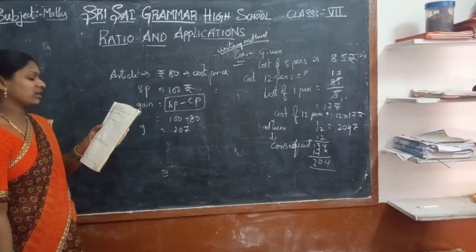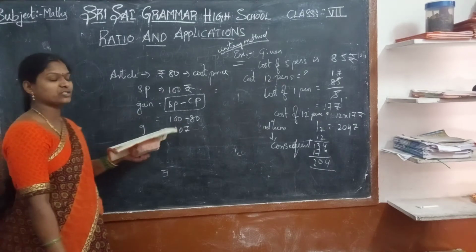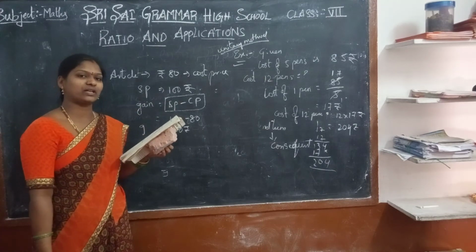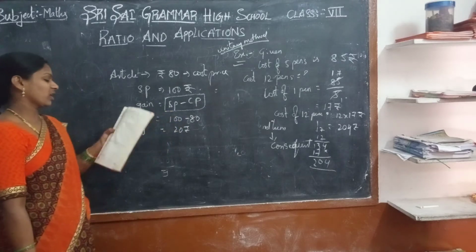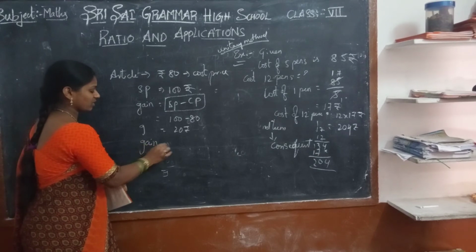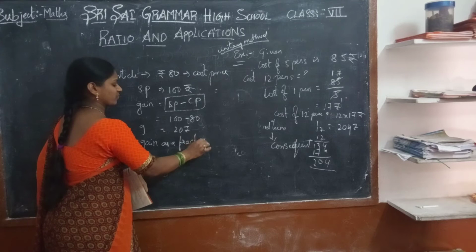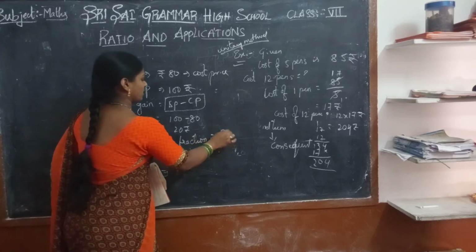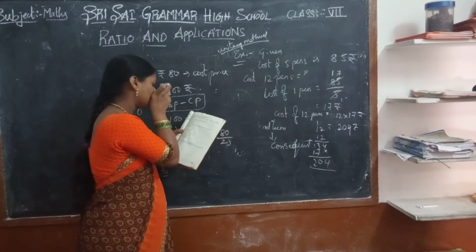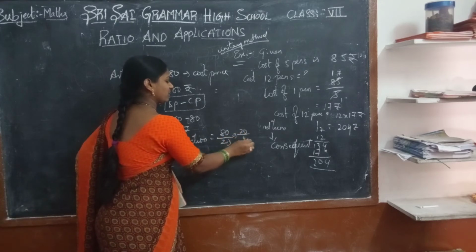Before finding the percentage, we have to know the value of the gain. Gain as a fraction is 20 by 80.